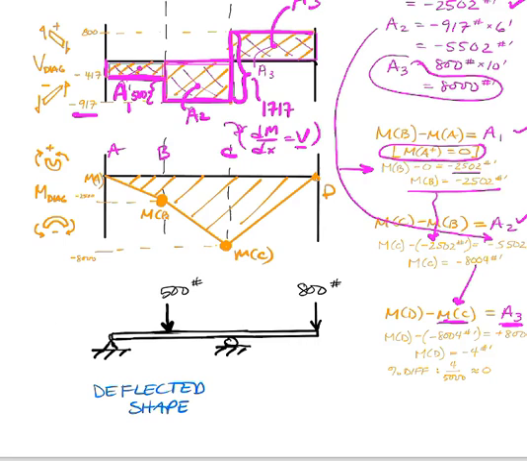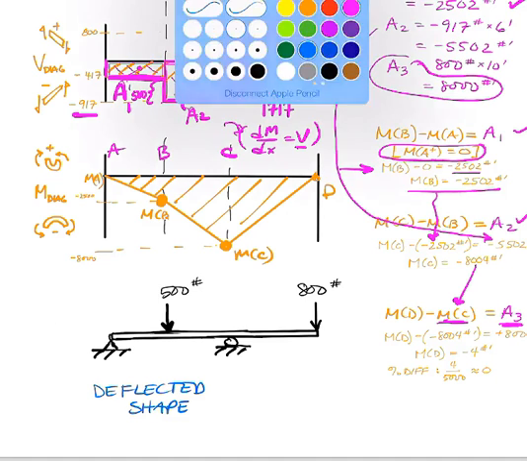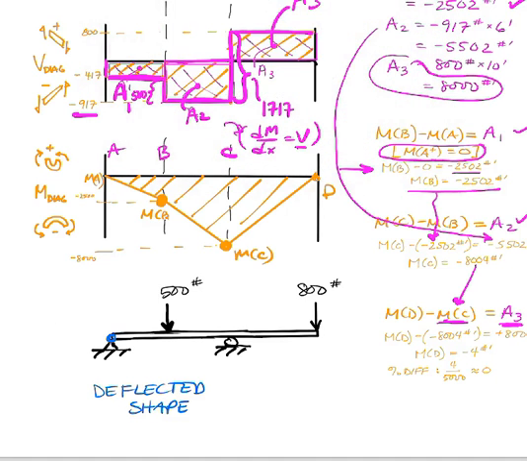And so our very last piece here would be to draw a deflected shape. The deflected shape is going to have to obey all the boundary conditions. I've got a pin and a roller, so in the transverse direction, I know that I'm going to have 0 deflection, and also V equals 0 at the roller.